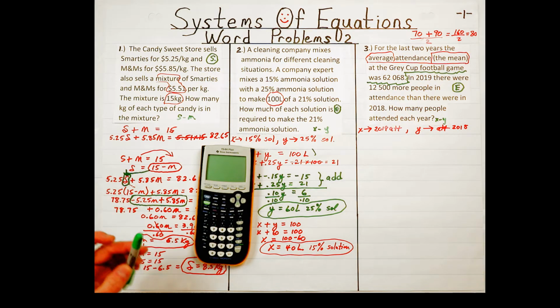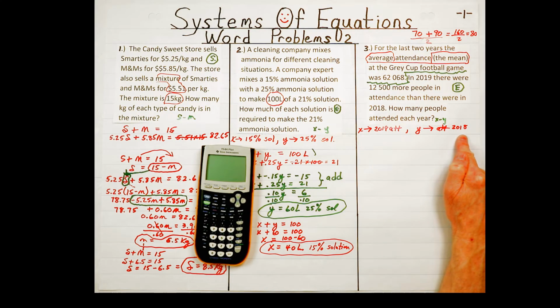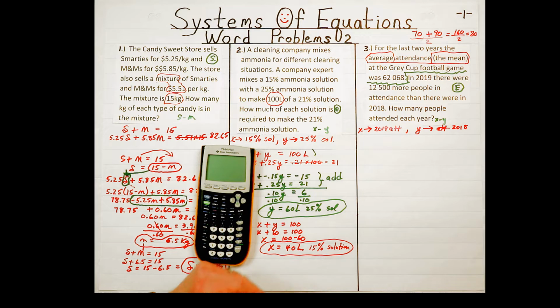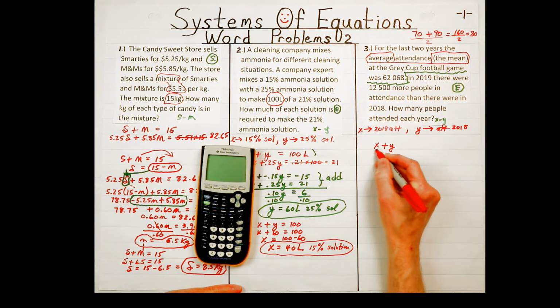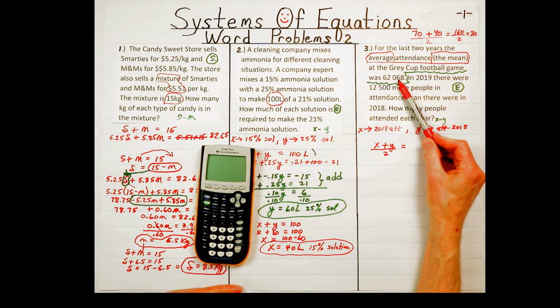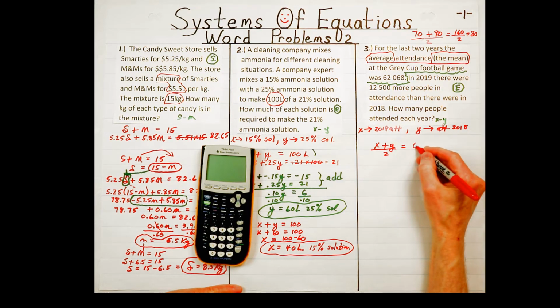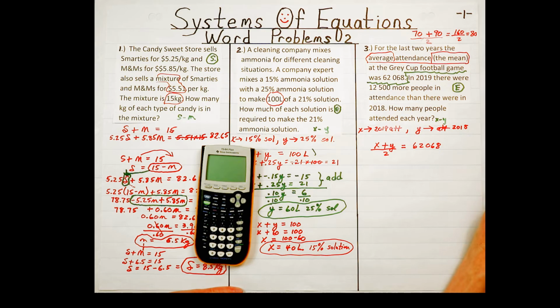The Grey Cup is played in November, so we don't have any statistics yet for the 2020 Grey Cup. So the most recent years we have are 2019 and 2018. How do we get the average? Well, X plus Y divided by 2 equals, what are we told the average is? 62,068.